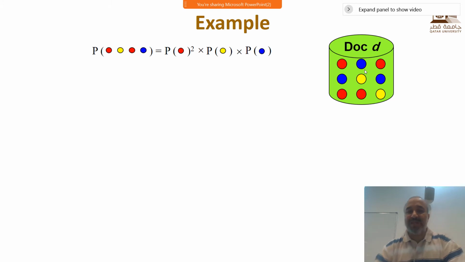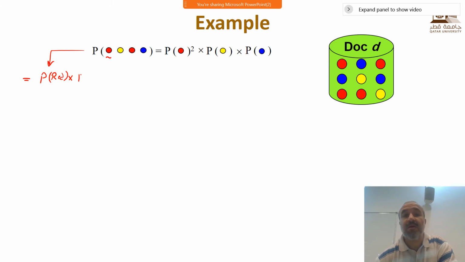Okay, so that means that this probability will be equal to what? The first one is red, right? So P of red times P of yellow times P of red again times P of blue.